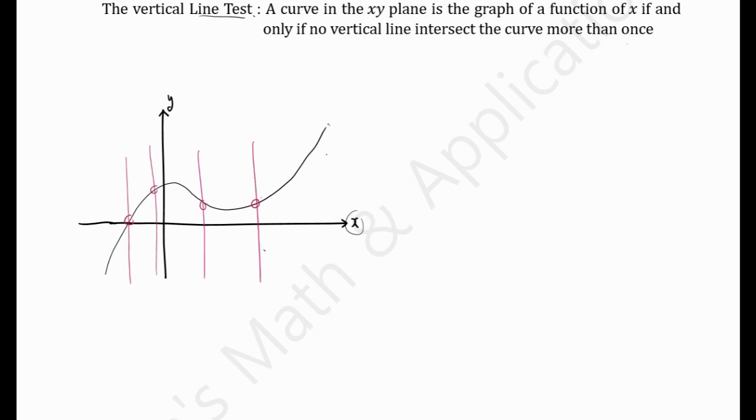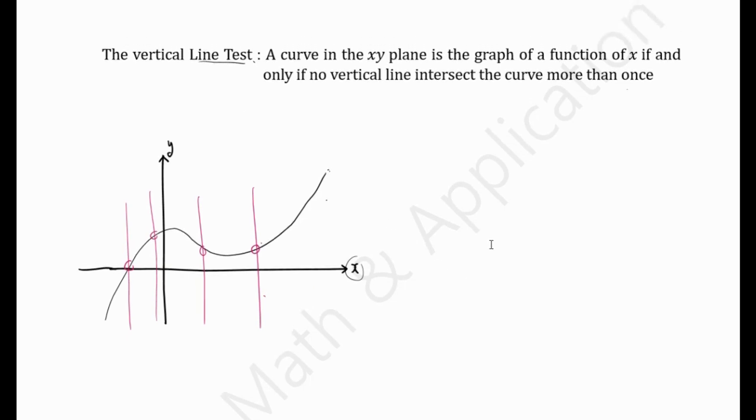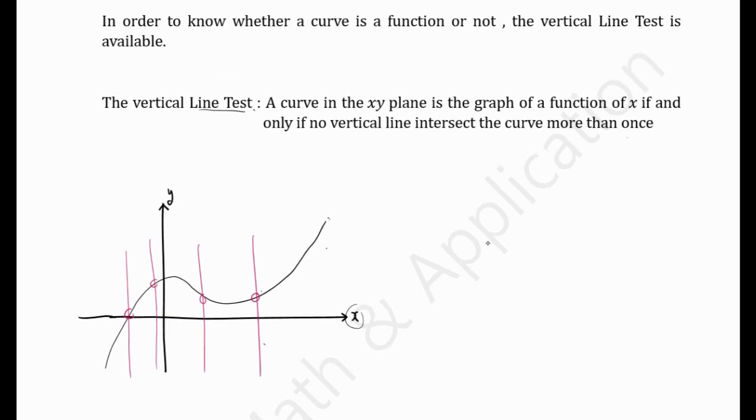How many intersections exist? The vertical line test says a curve in the xy plane is the graph of a function of x if and only if no vertical line intersects the curve more than once. The intersection is only one. This is a function, right? This is only one intersection.